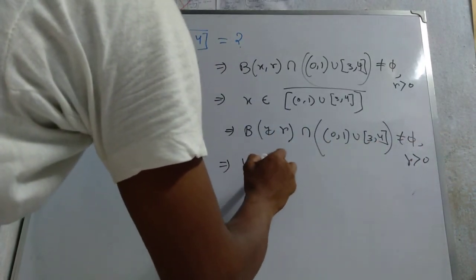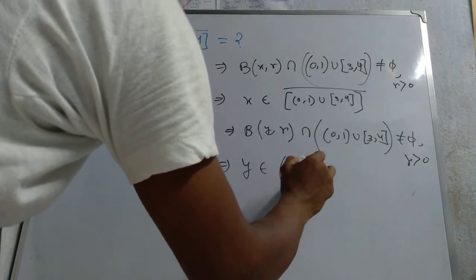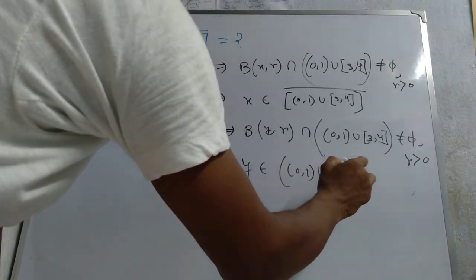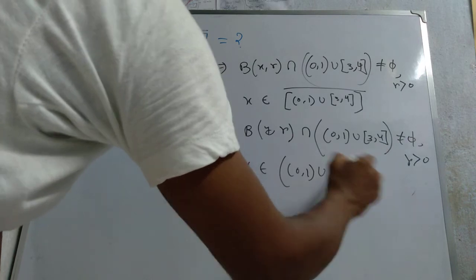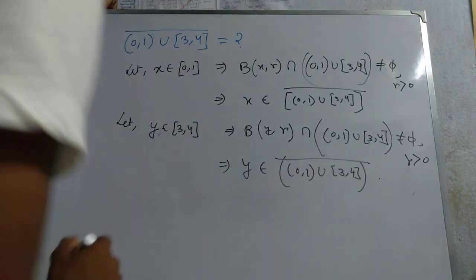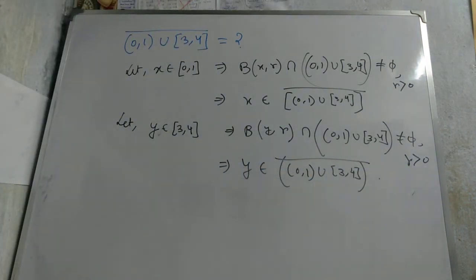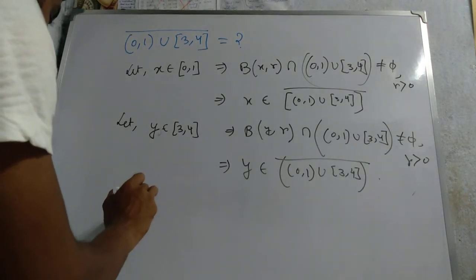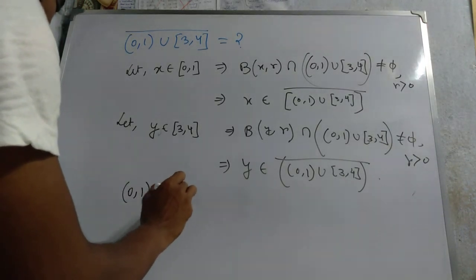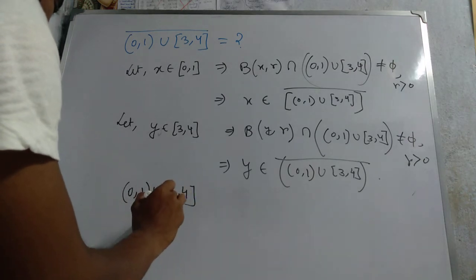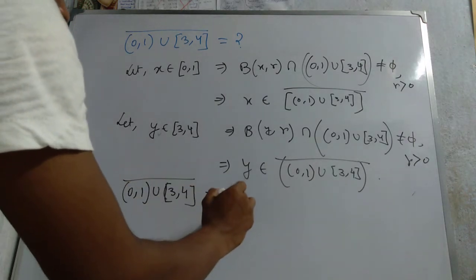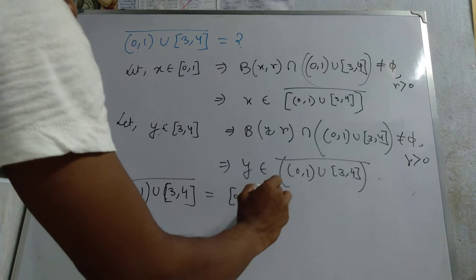This implies y belongs to (0,1) union [3,4]. Hence the closure of (0,1) union [3,4] is equal to [0,1] union [3,4].